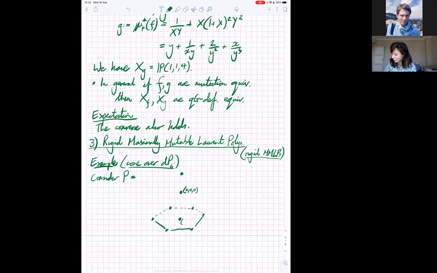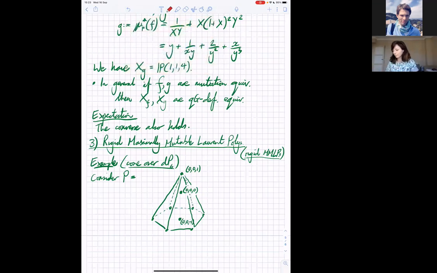So this point here is going to be 0, 0, minus 1. Then up here, I'm going to draw 0, 0, 1. I'm going to take the convex hull of everything in sight. So it looks like this.